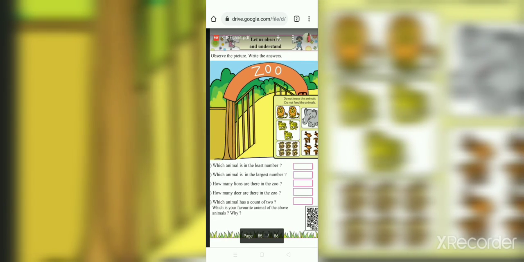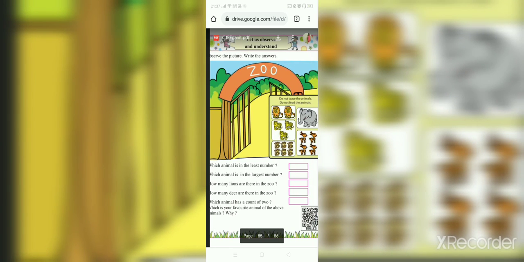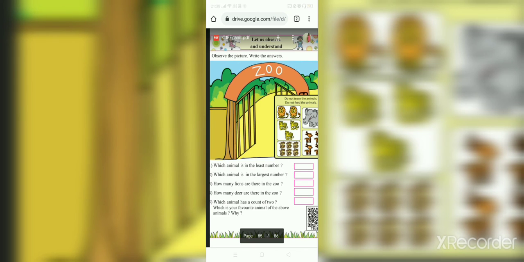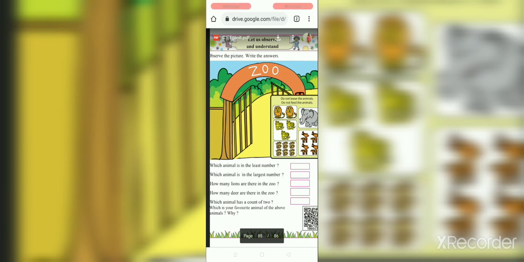So now which animal is in the least number? Least number means normal number. So which is the largest animal number? So you can see which one is the largest animal number. So largest number is 6. Okay, least number is 4.